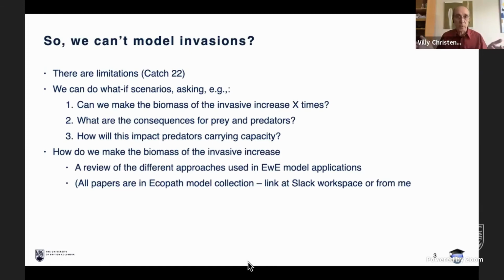Nobody could answer that question because we don't know if it would be able to reproduce to compete with the existing species. But we could at least say, if it came out in the environment, if it established itself to this level, what would the consequences be for the food web? So that's the kind of questions we can ask with this.